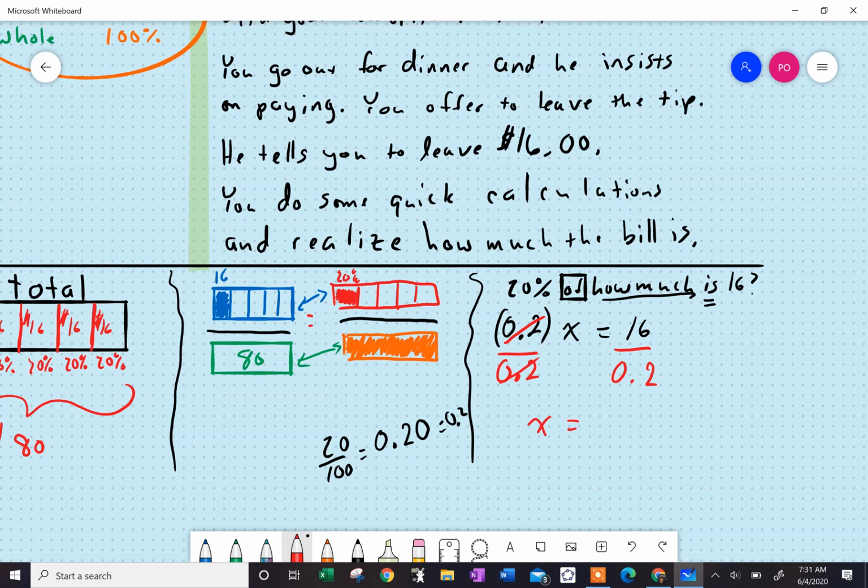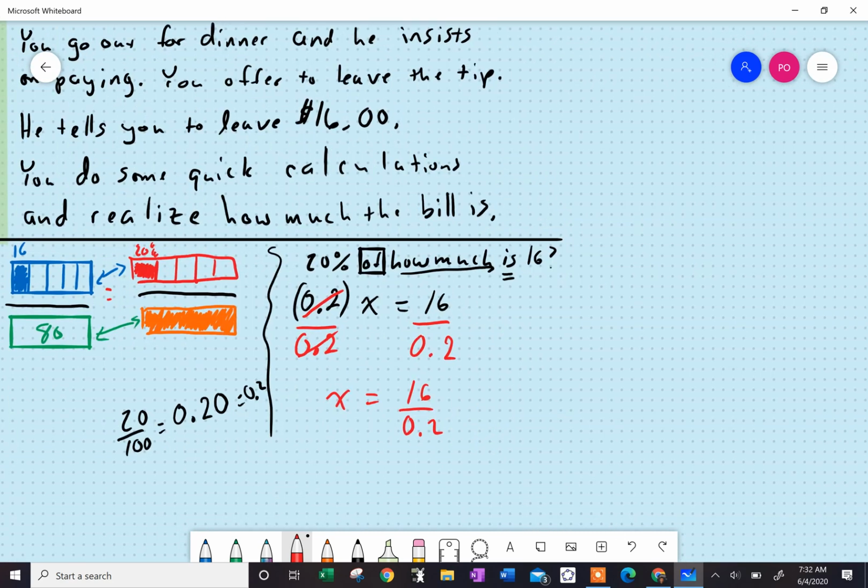I get x equals 16 over 2 tenths. Now, you're going to have to use your calculator for that. Or you could actually do something. I'm going to show you a little trick. This is actually quite clever. 16 over 0.2, over 2 tenths. If I multiply both sides by 10, because I want that to become 2, I'd get 16 times 10 over 2 tenths times 10.